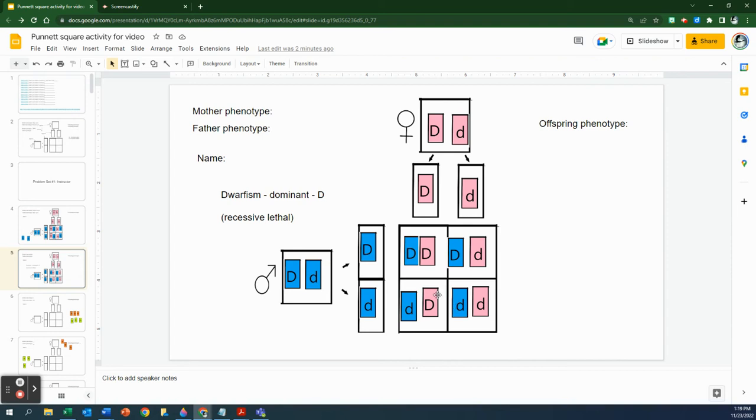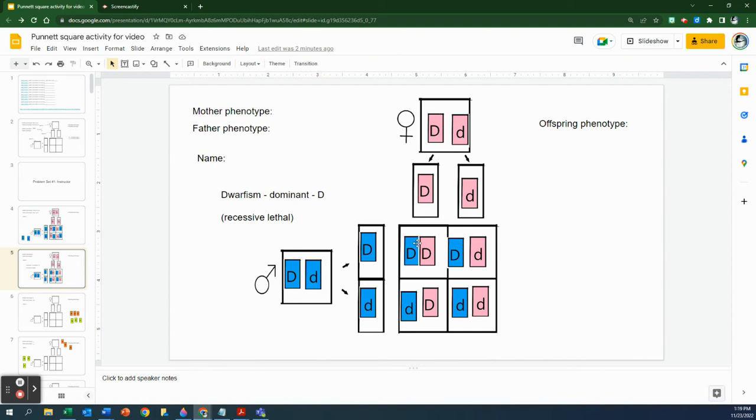So the interpretation then is two dwarf parents has, well, actually, let's start with the other ones. 1/4 odds of having an average height child, 50% odds of having a dwarf, and 1/4 odds of having an embryonic lethal child. So that is not survivable. Big D, big D is an embryonic lethal. So in this case, the child will not survive.